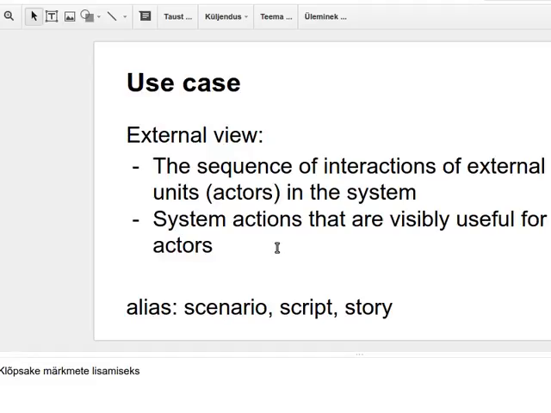So for instance, you want to go home. Then you can choose different paths to go home. One is a usual path. There can be some paths that are different from your usual path, and then there can be some extreme paths as well. So going home is a use case.